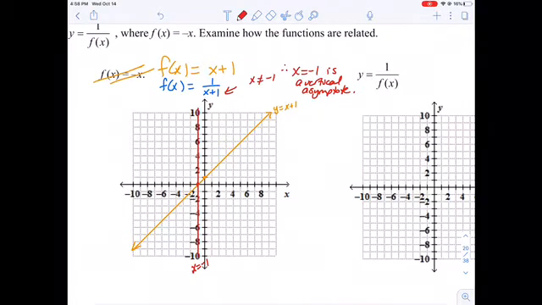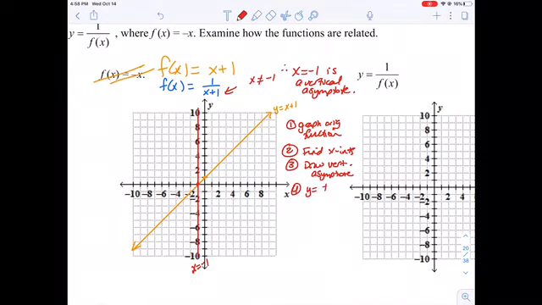Okay, so the first thing I do is find my x-intercepts. Number 1, graph the original function. Number 2, find the x-intercepts. Number 3, draw the vertical asymptote. Number 4, I'm going to find where y is equal to plus or minus 1.